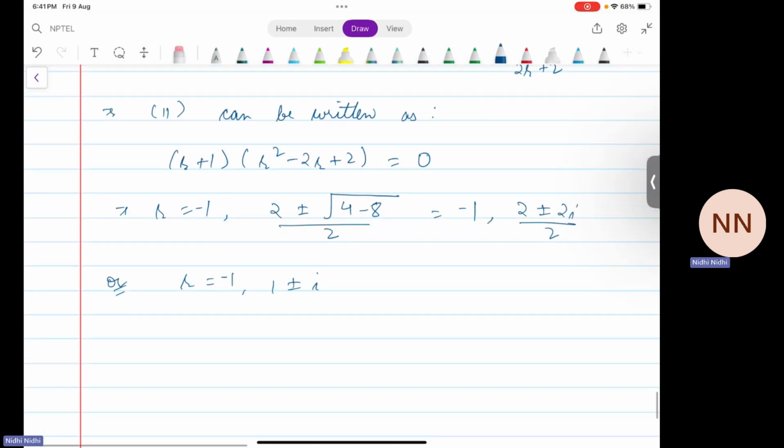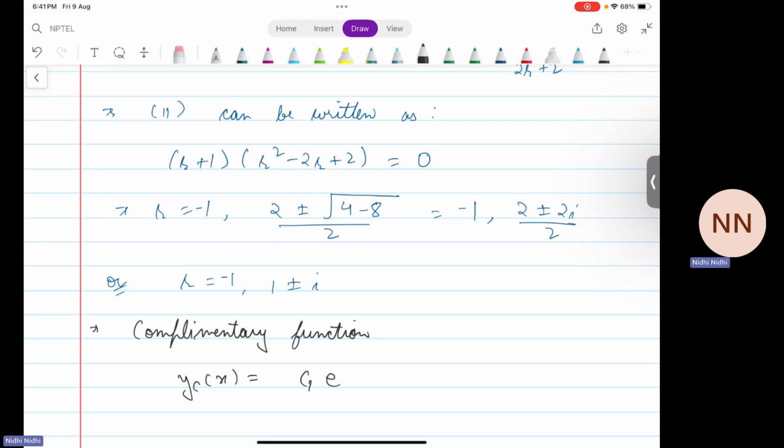So in that case, our complementary function y_c(x) is given as c1 e to the power minus x plus e to the power x (c2 sin x plus c3 cos x).